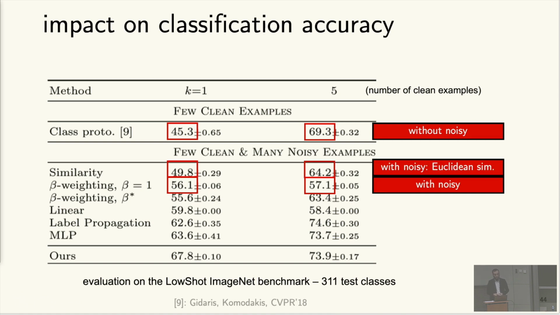Another reasonable baseline is to use Euclidean similarity as a relevance score and as a weight, which does not necessarily improve the case in all setups. Improvement does happen with the proposed approach, when we use the output of the graph convolutional network as a relevance score for the noisy examples.